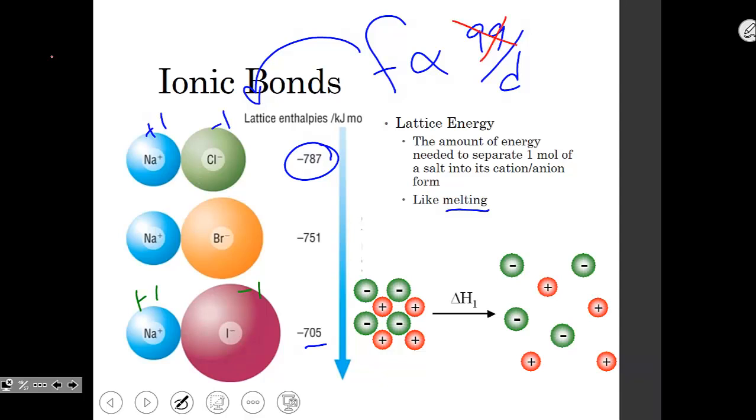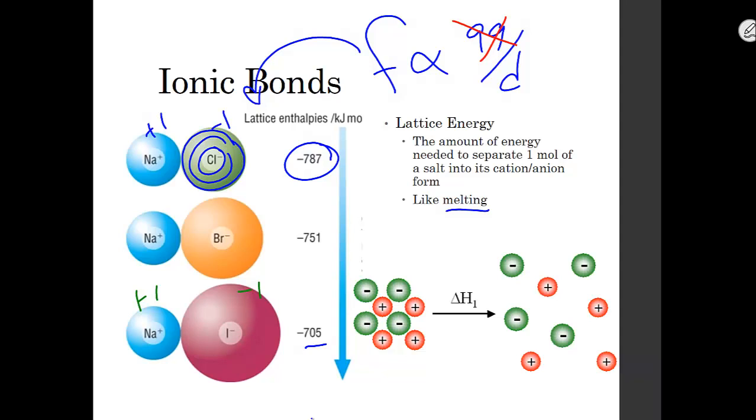Instead, what matters most comes down to the fact that chlorine is in the 3rd energy level. So chlorine has 3 shells around it, while iodine is in the 5th energy level, having 5 shells. So iodine is way larger.